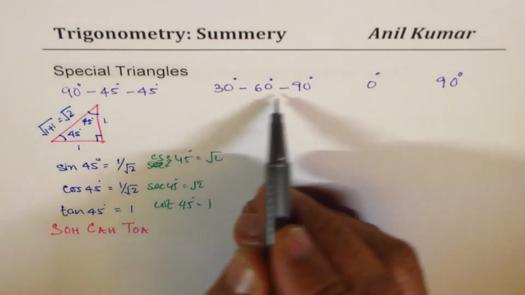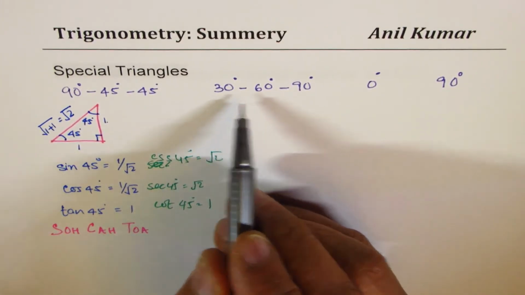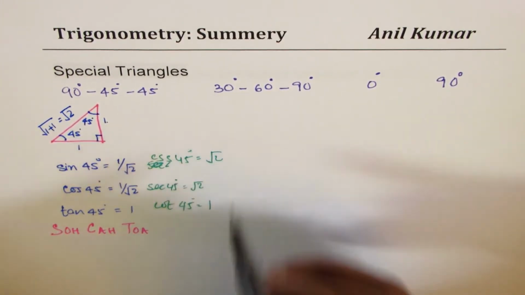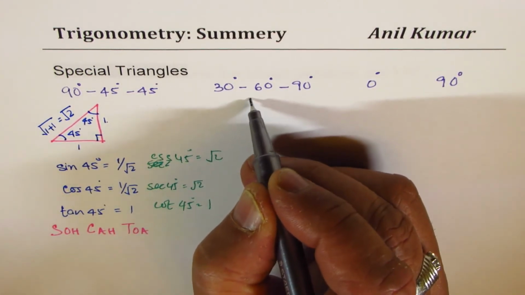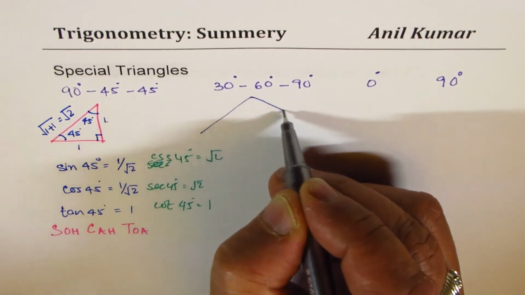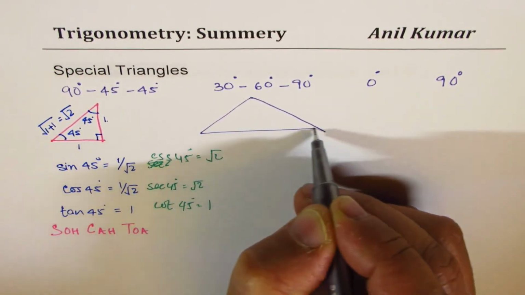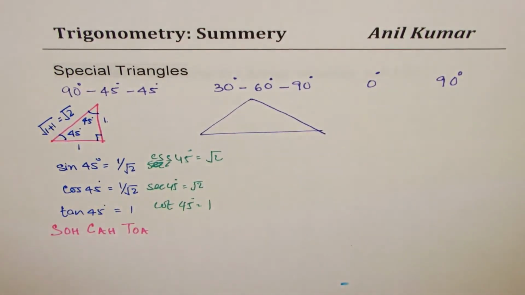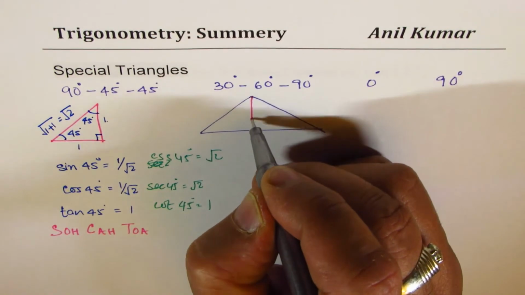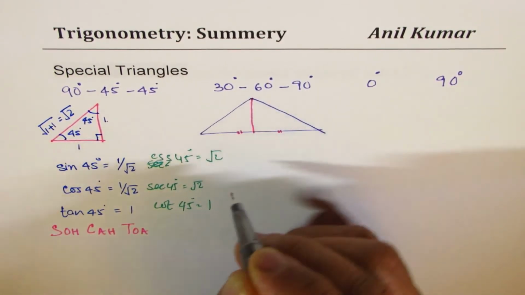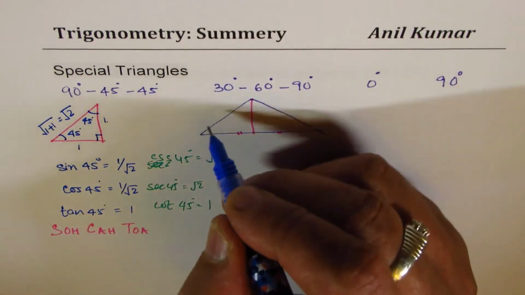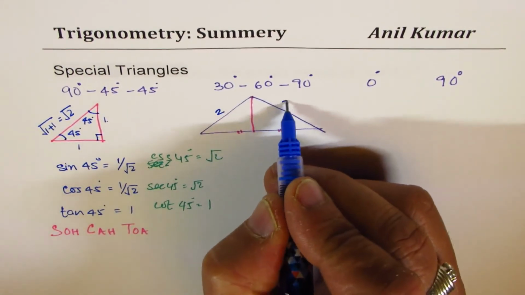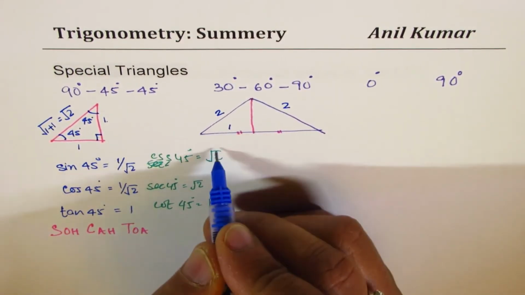Now let me consider the second triangle, which is the 30, 60, 90 triangle. To make this, we actually begin with an equilateral triangle. So here is an equilateral triangle. If I drop a perpendicular, then it will bisect the other side. So let us consider an equilateral triangle of sides 2 units. Half of 2 will be 1.